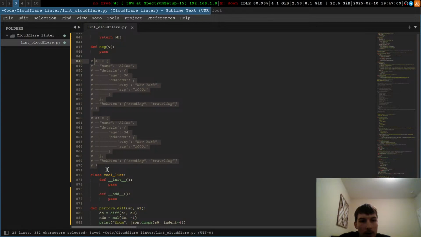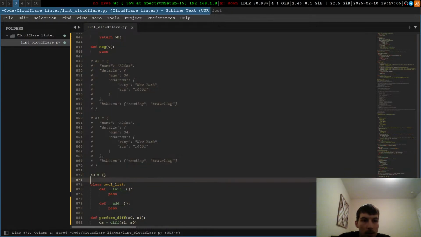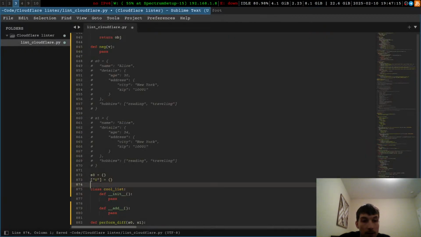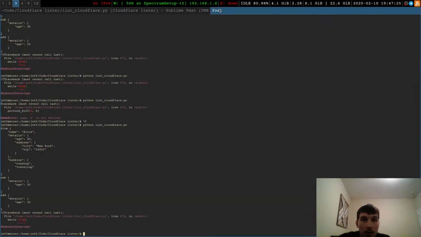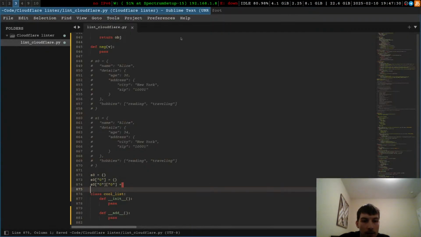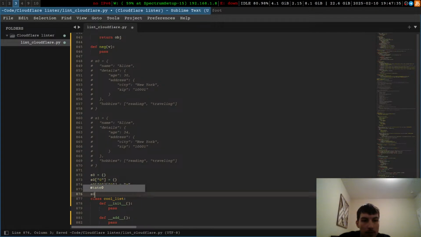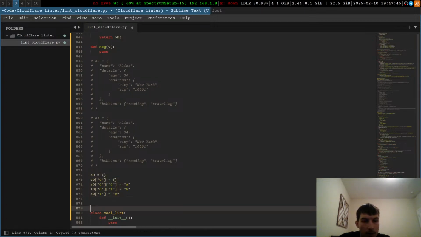We have S0, where 0 is another tree. 0 is A, then 1 is B, and then S0, 1 is C.